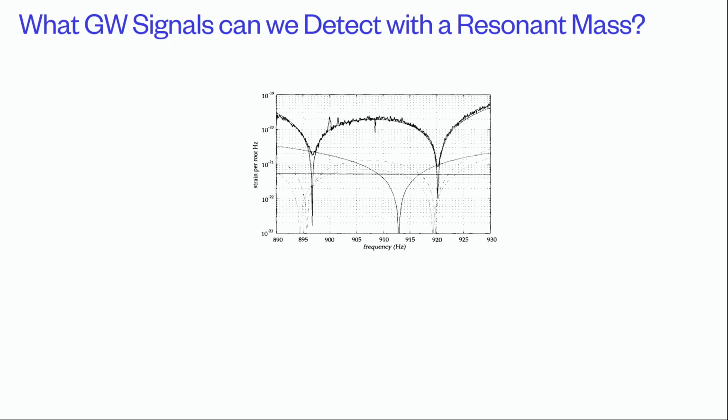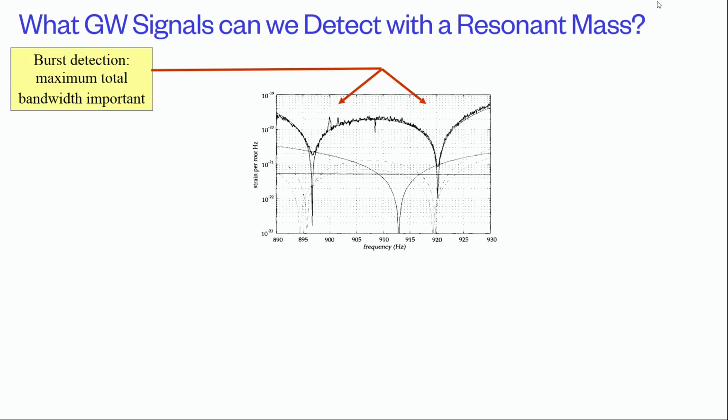If the signal is narrower than your detector, then presumably you can resolve it. Yeah, that's what I'm about to say. It'll depend on your digitizer. So this is what gravity wave signals can we detect with a resonant mass detector? Well, for burst detection, you want to make this width as wide as possible.